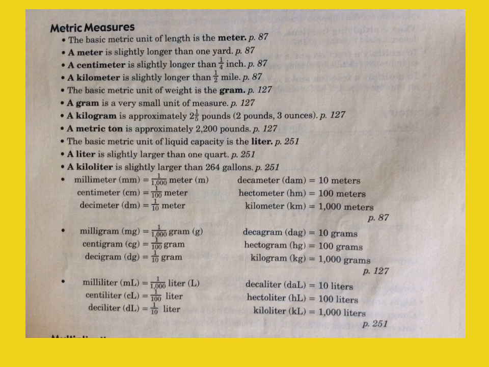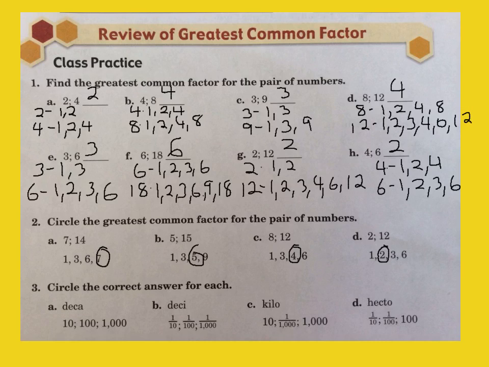Here we have milli is 1/1,000th. Centi is 1/100th. Deci is 1/10. Deca is 10. Hecto is 100. And kilo is 1,000. With that, that's going to help you to be able to do these problems.